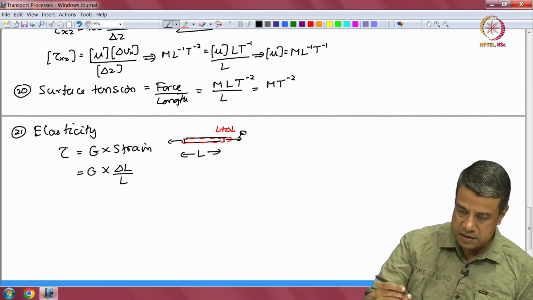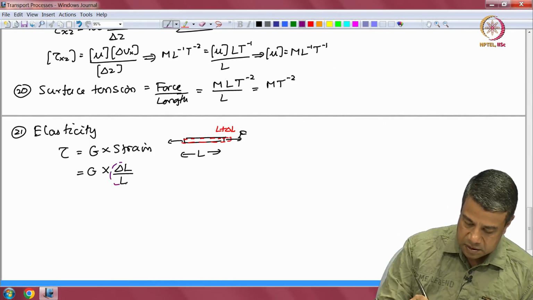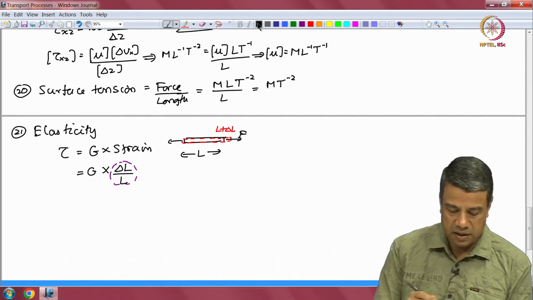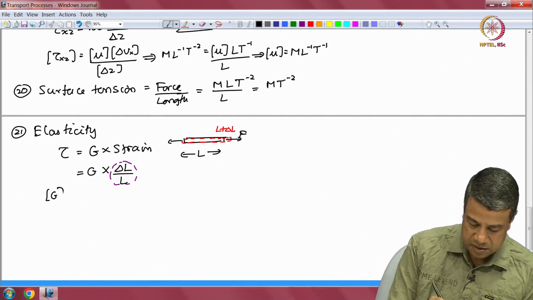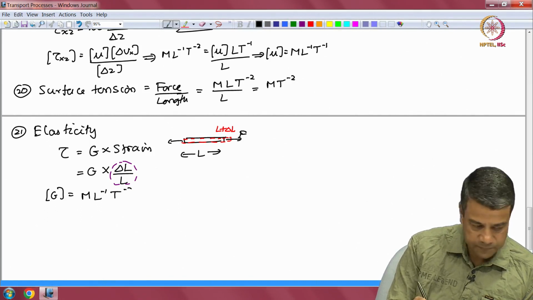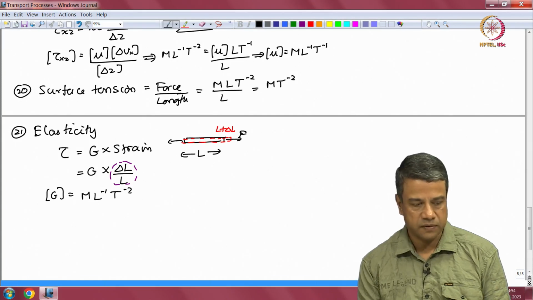Therefore, since strain is dimensionless, the elasticity coefficient has the same dimension as the stress itself, which is m L inverse t power minus 2. That is the elasticity coefficient.